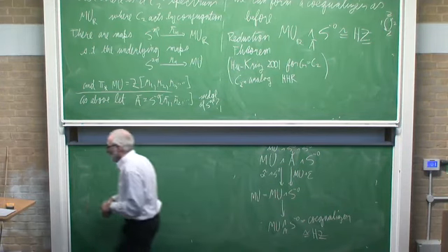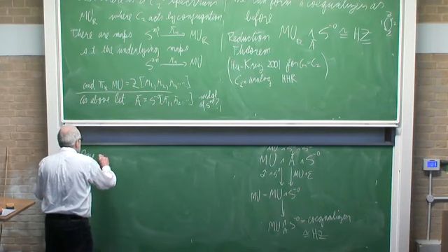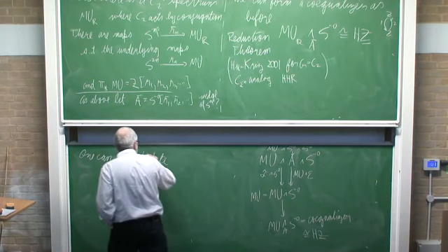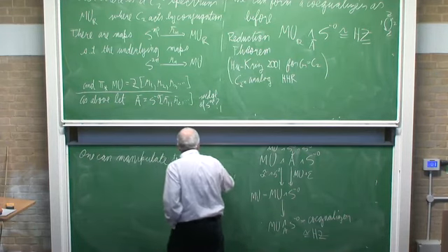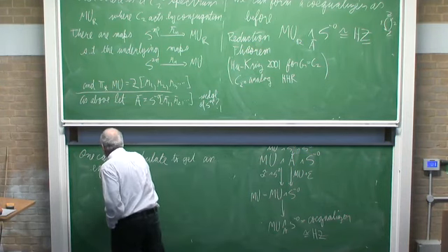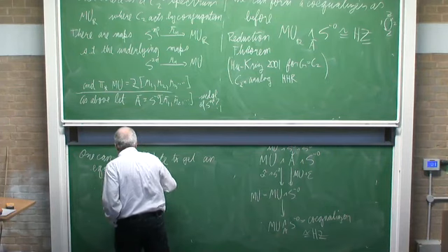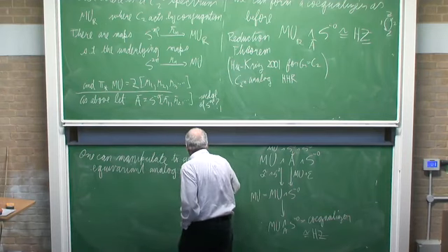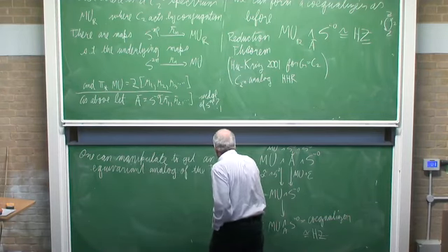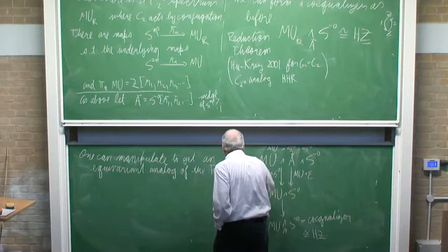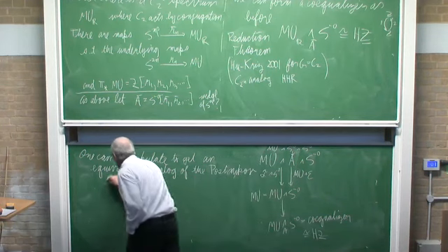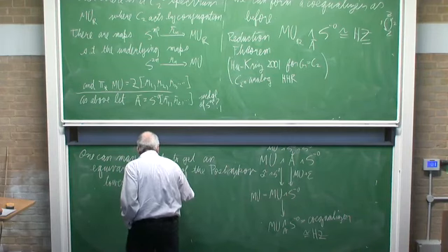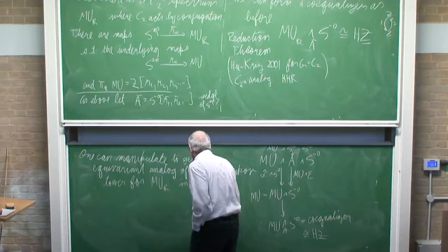But for now, let's just say one can manipulate this to get an equivariant analog of the Postnikov tower, in which the following happens.